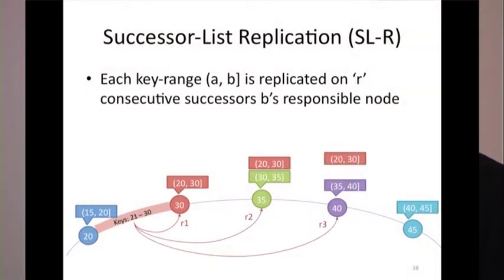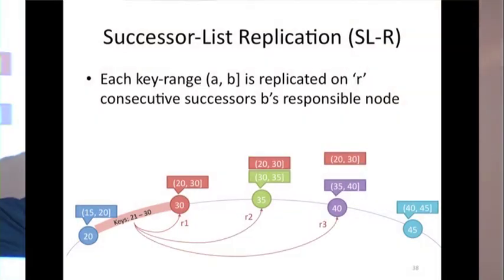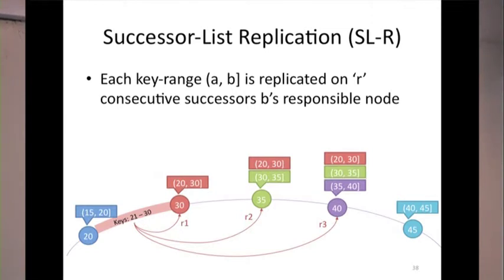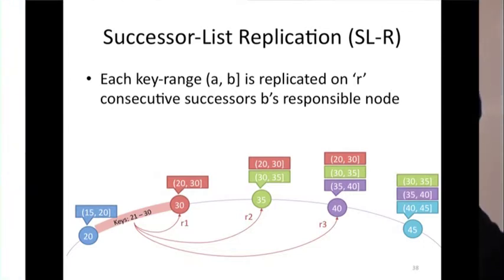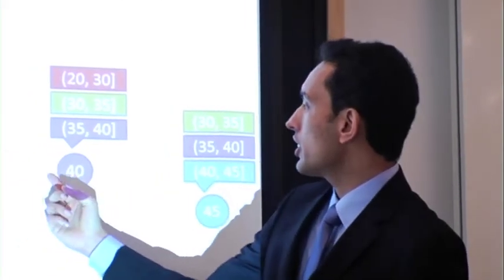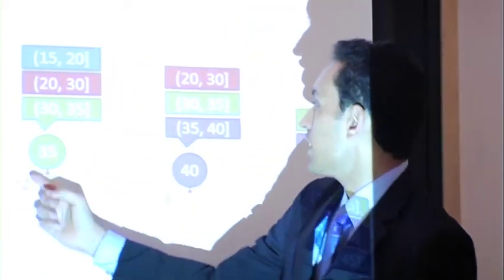So if your replication degree is 3, let's say, these keys with their values are stored here, here, and here. Similarly, the same holds for all of the key ranges. They get copied going clockwise. This node is replicated here, and so on. So this is how they achieve replication. If you look closely, this node basically has stored these keys as well as these keys as well as these keys.